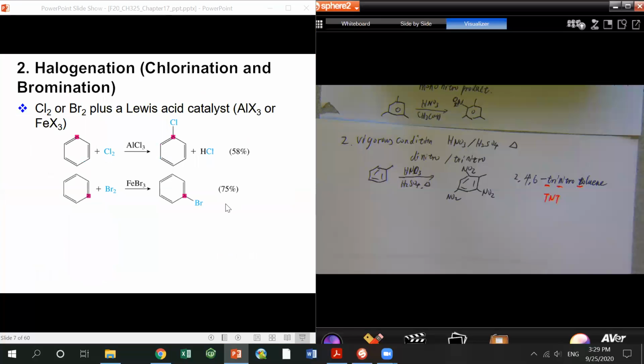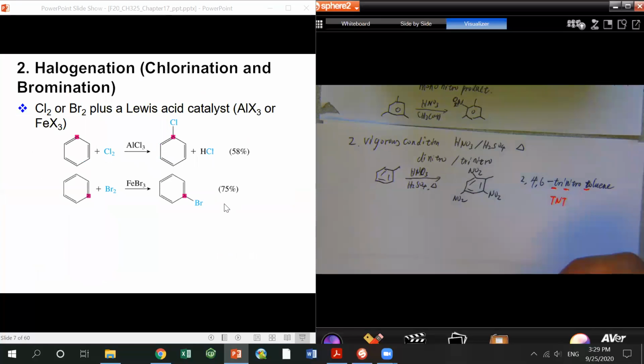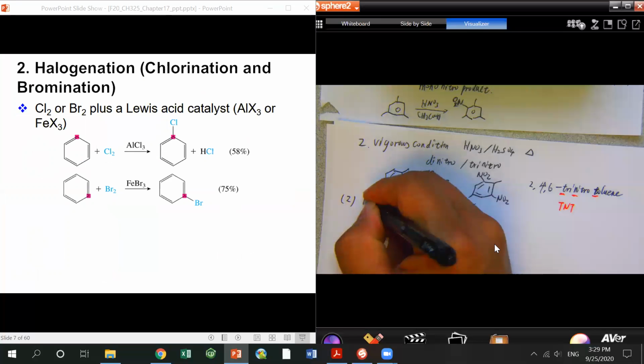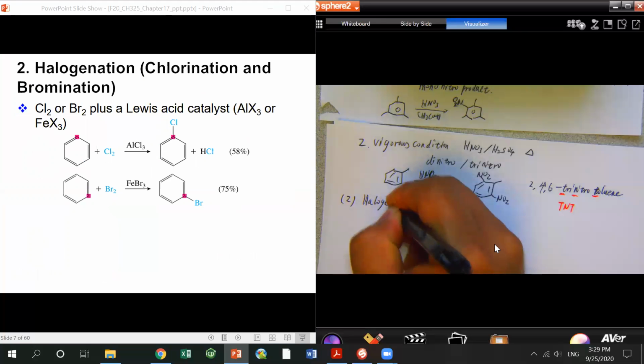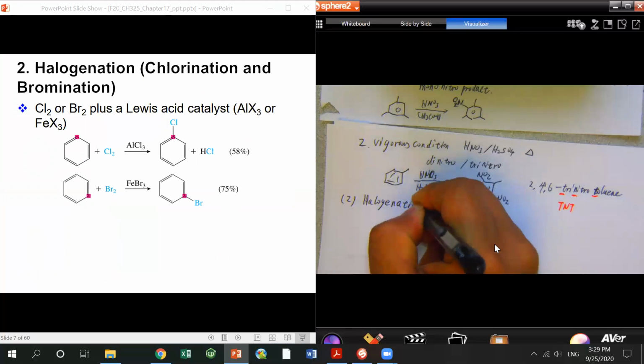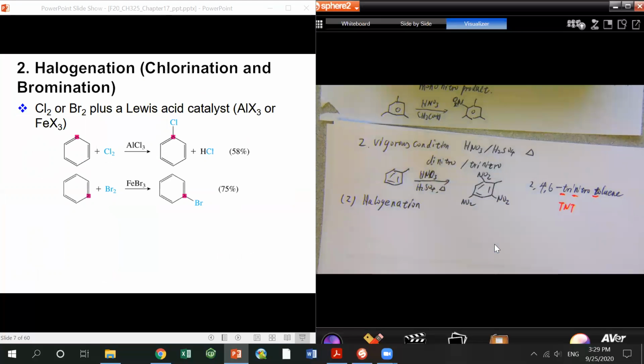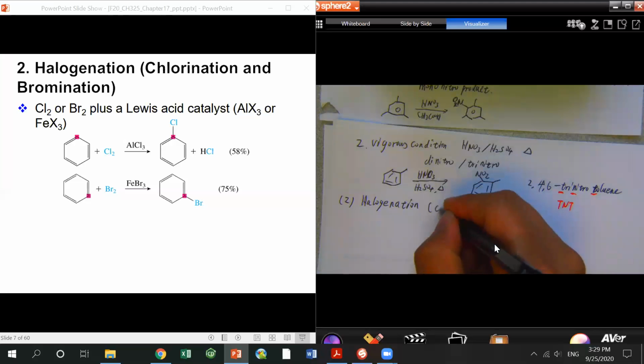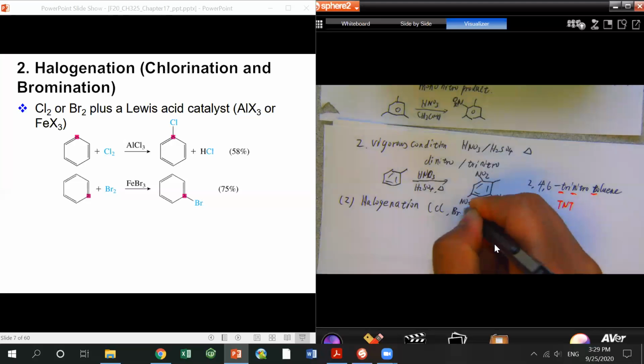Right. And then the next reaction is what we call the halogenation reactions. Halogenation reactions just put the Cl or the Br, so chloride or Br, onto the benzene.